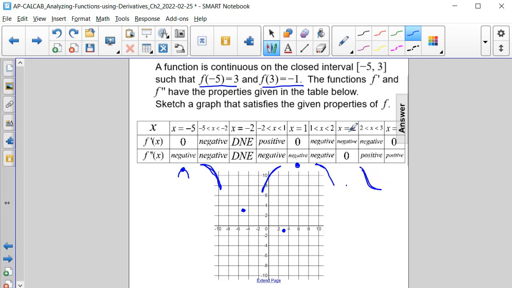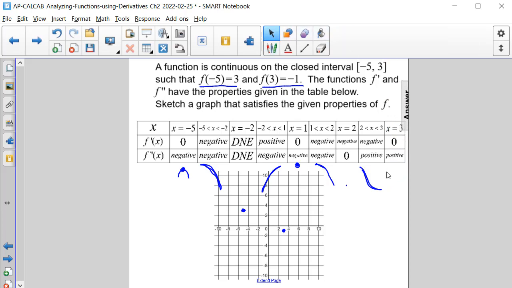So that tells me that at x equals 2, we're going to have that switch occur from concave down to concave up.